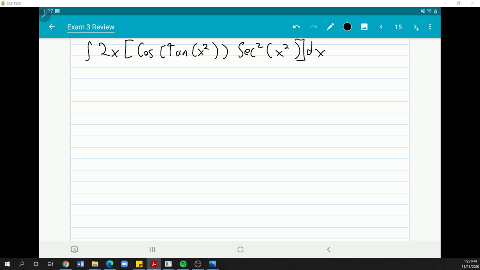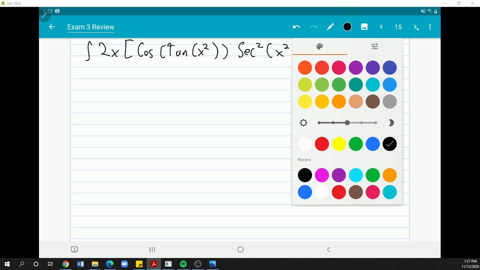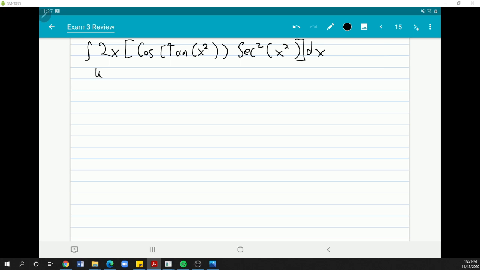So you look at this and you say, my goodness, this is a mess. But I see an x squared and I see a 2x, so maybe that's the way to get a foothold. So let u be equal to x squared, then du is equal to 2x dx.